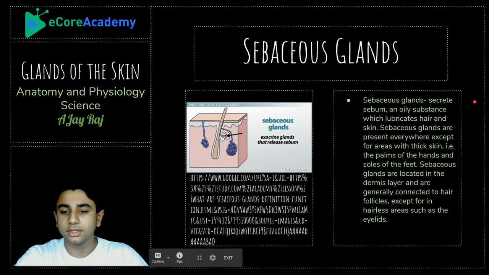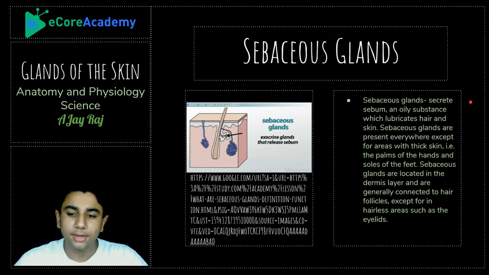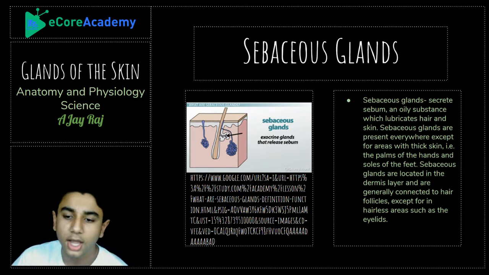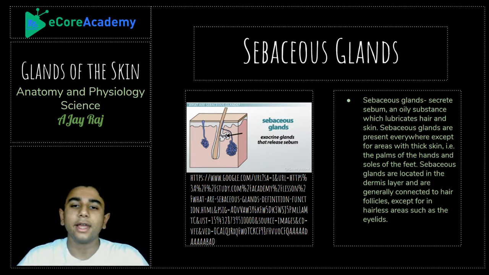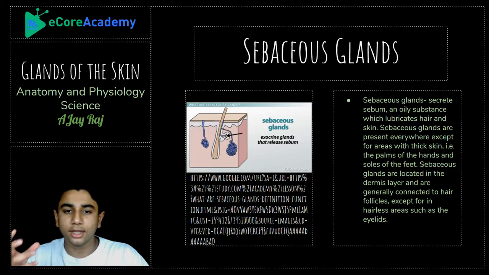Basically, what that means is that sebaceous glands are located in the dermis layer, which is below the epidermis, but the sebum itself seeps out and coats the exterior of the epidermis. So although the root where the gland is located is in the dermis, it releases outwards onto the epidermis.